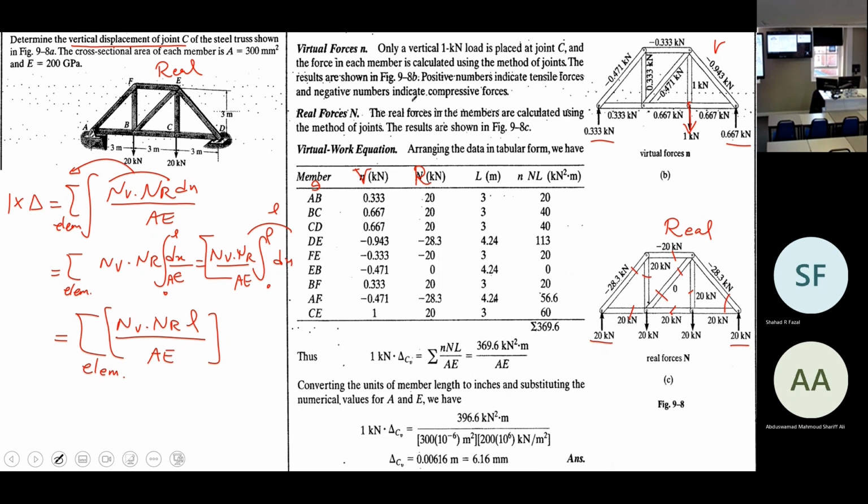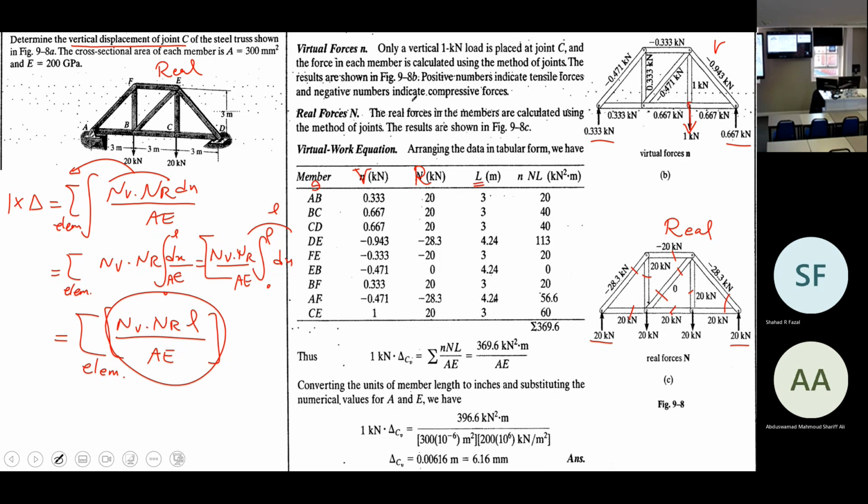This column comes from these forces, this column comes from these forces, and this is the length of the element. That's from geometry, it's known. So what I'm going to do is calculate this for each element and make a summation for all elements.